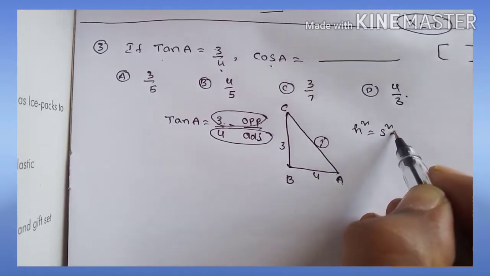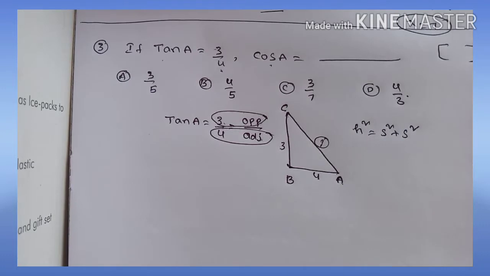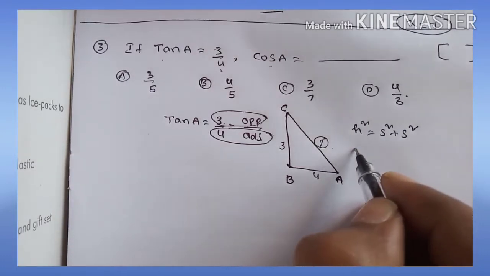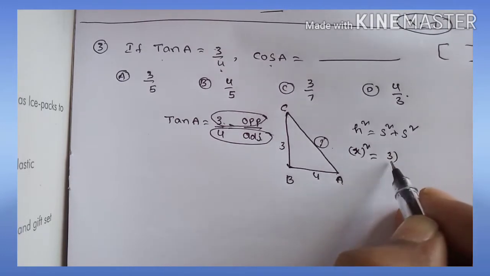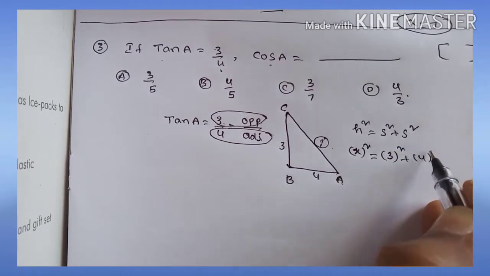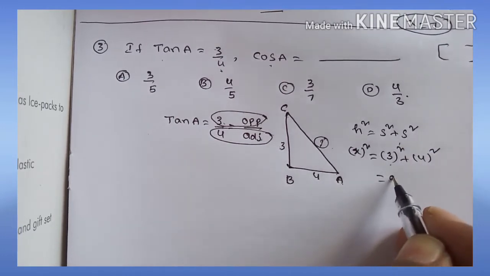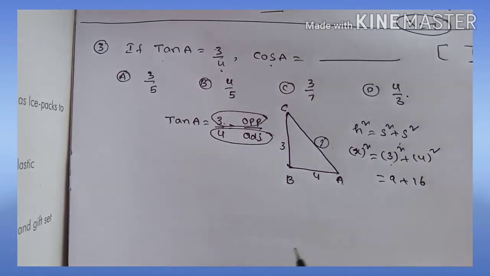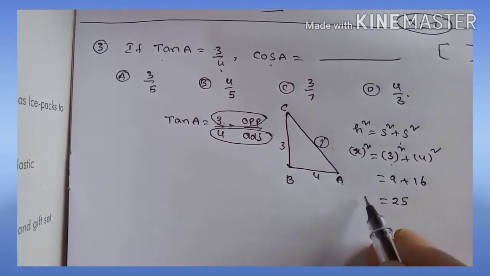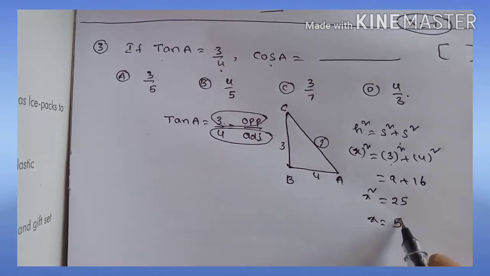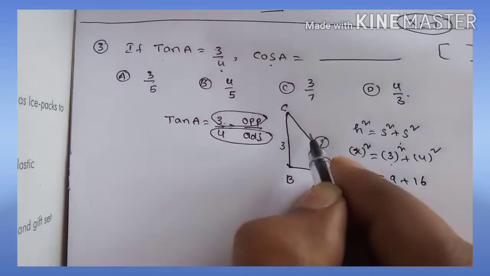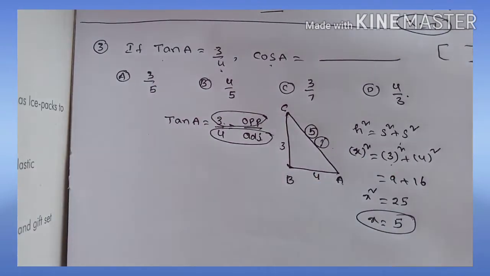Using the Pythagoras theorem, hypotenuse square is equal to side square plus side square. We don't know the hypotenuse, so x. One side is 3, second side is 4. So 3 square is 9, 4 square is 16. The result is 25. So the value of x is the square root of 25, which is 5. So the hypotenuse is 5.